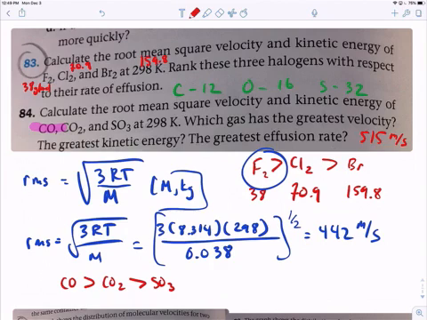That's for liters, atmospheres and Kelvin. This is joules per mole Kelvin.